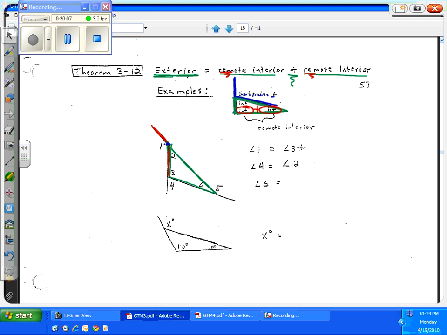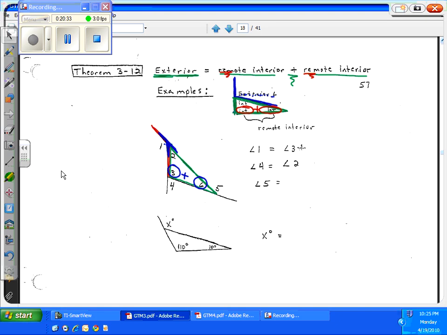Remember that adjacent angles are two angles in the same plane with a common vertex, a common side, and no common interior points. The interior angle, angle 2, is adjacent to angle 1. The ones not adjacent to angle 1 are interior angles 3 and 6, and so we say they are remote from angle 1.